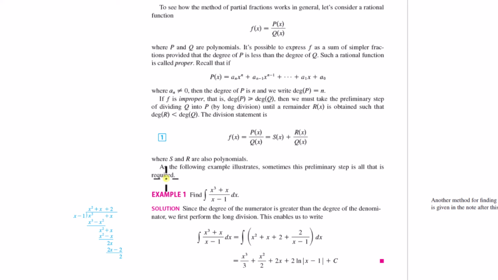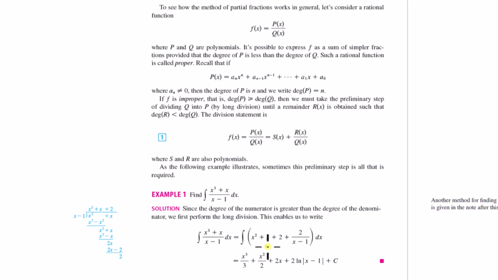And when it comes to partial fraction decomposition, to perform the process, you need to have a rational function where the order of the numerator is less than the order of the denominator, like this. However, this is already simple enough. There's no partial fraction decomposition to perform here.